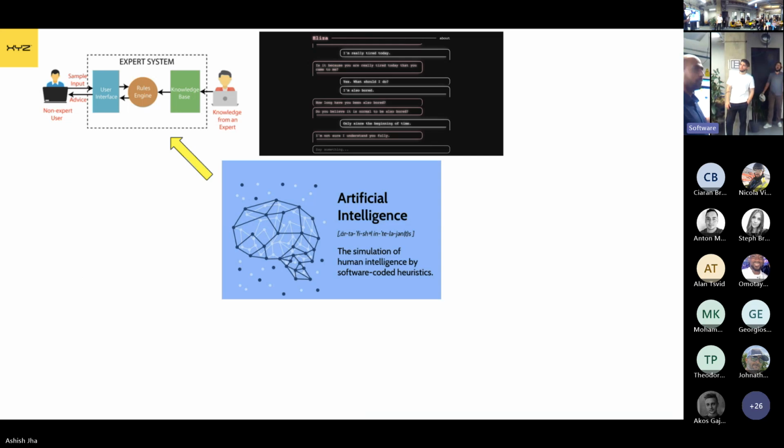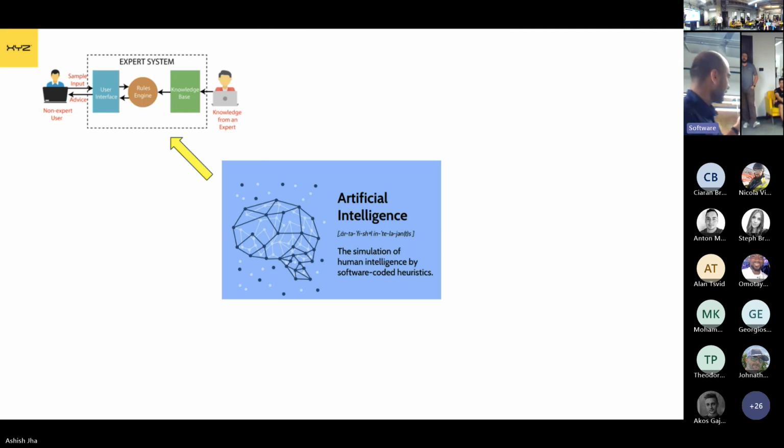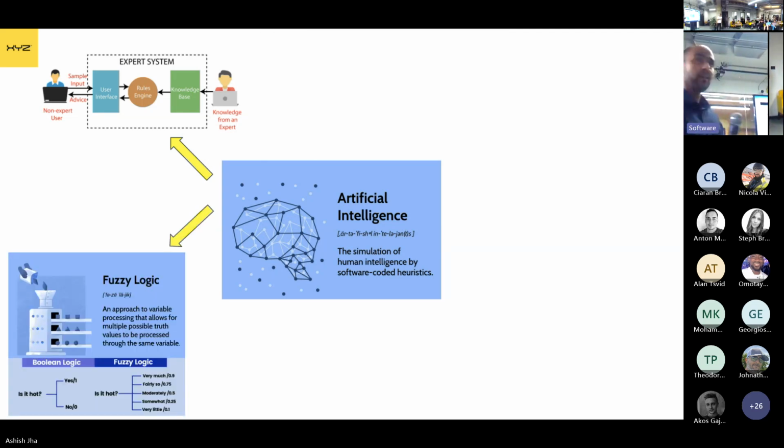And there is an expert sitting behind who is either updating those rules or adding more rules on top of that. So these were called expert systems. They're still used in many places. Some websites still have very primitive chatbots. If you enter something, they look at some rules and which category your question belongs to. So that's expert systems.